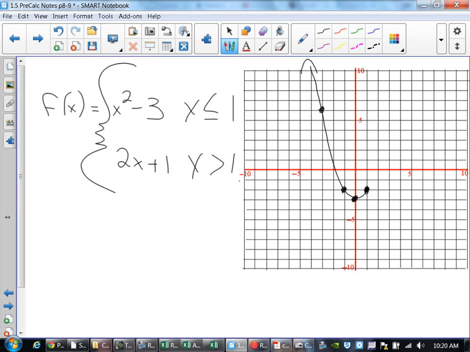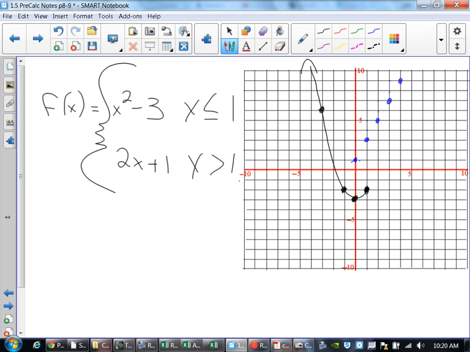So we've done the one part of the graph. We do the other one, 2x plus 1. Where does that start? 1. What's the slope? Well, I think you can start right there. What I'm doing here is the oversimplified version of it. If you do it this way, you will be less likely to screw up in the long run.